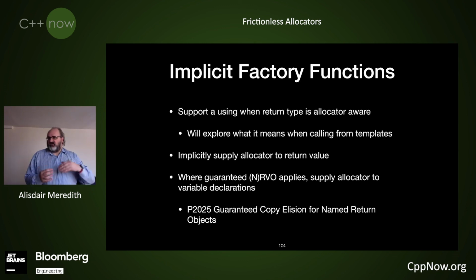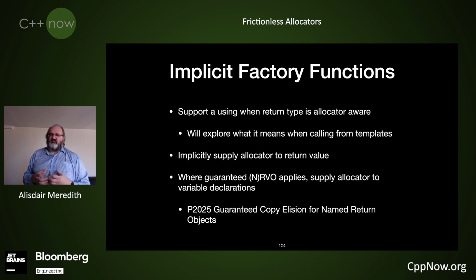If you just do a return expression, okay, we'll create a temporary there and push the allocator in. But if we're in a case where the RVO, return value optimization, applies, we can see early where that is going to be applied and just jump it in there, and we don't need to create that extra temporary.